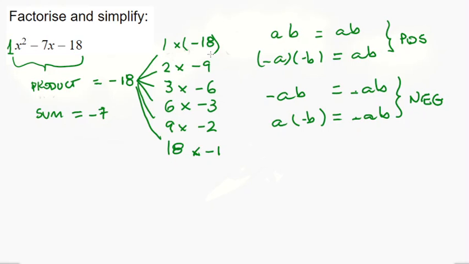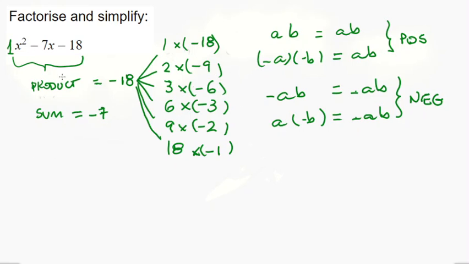All those negative numbers we should ideally put in brackets. Now, first of all, since our sum is negative, we could have neglected all those numbers in which the negatives are smaller. But if we observe one of those answers, 2 and negative 9, the product is negative 18 and the sum is negative 7. So those could be very good candidates for our solution.